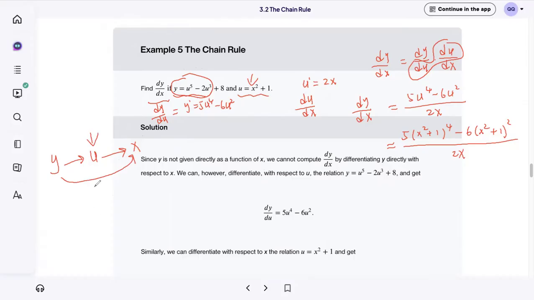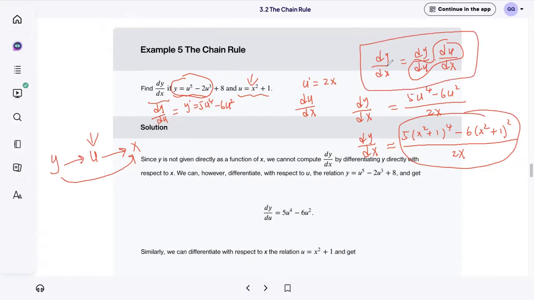The derivative, the rate of change of these two, I want to find the rate of change of y in terms of x, skipping u, so everything is represented with x. So we use this formula: dy/dx equals dy/du, which is just y prime, get it from here, multiplied by du/dx, which is just u prime.